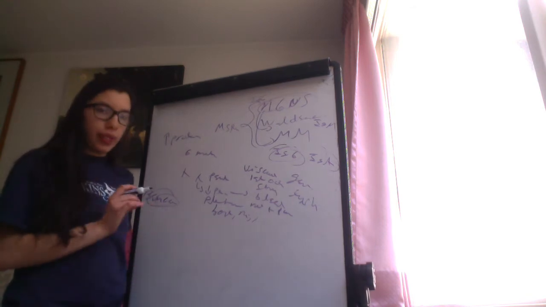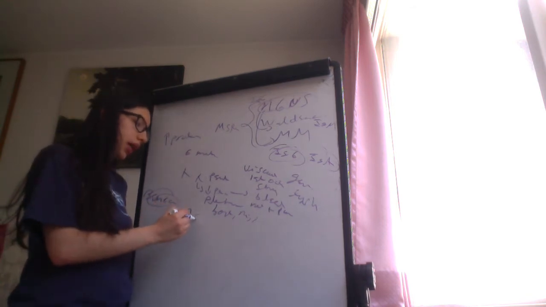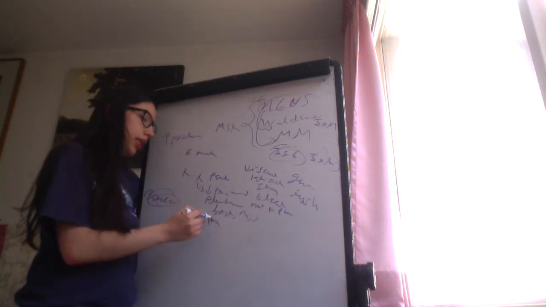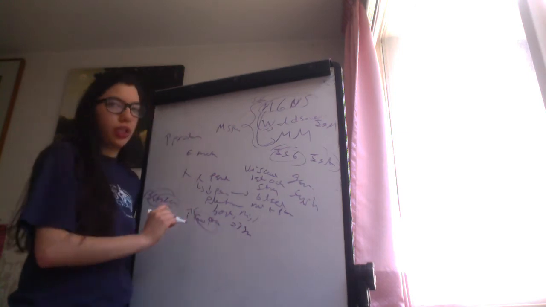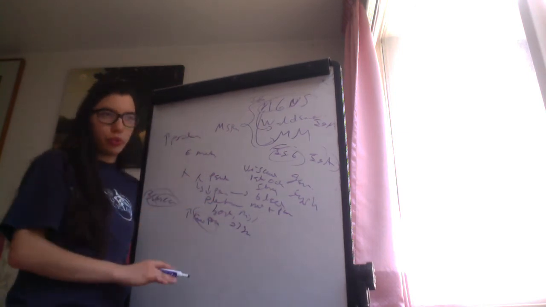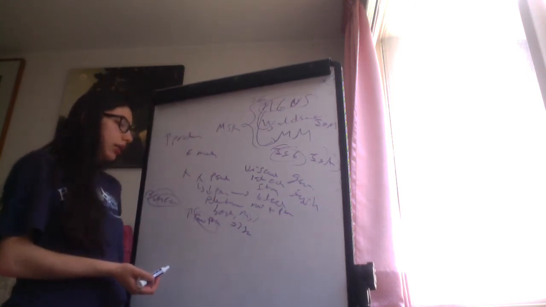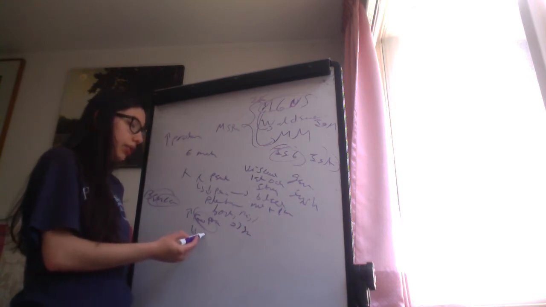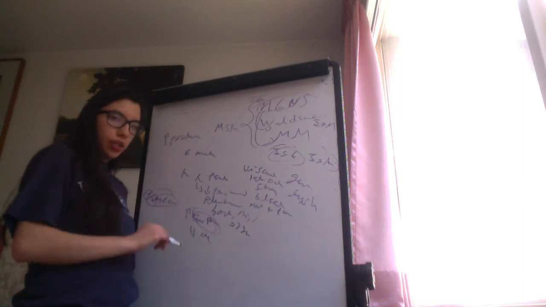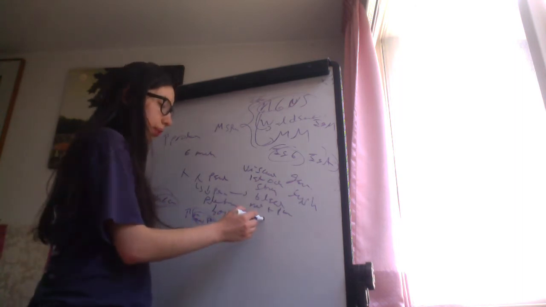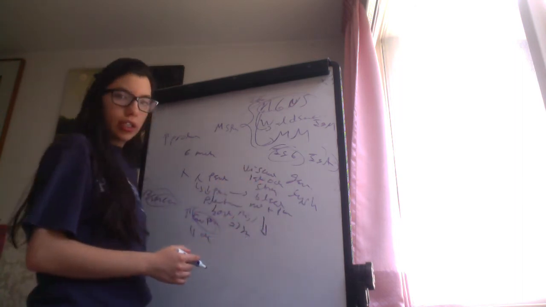Actually, the albumin will be a little bit decreased, so we will have an increase in the protein gap. Increased proteins, usually more than 3 grams of only immunoglobulins, but the total protein will be above 7. And we will have a little bit of decrease in albumin, so for that the protein gap will be elevated.